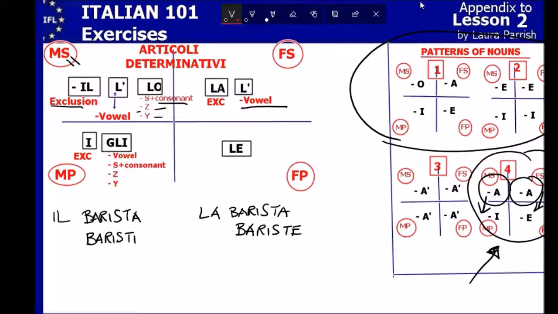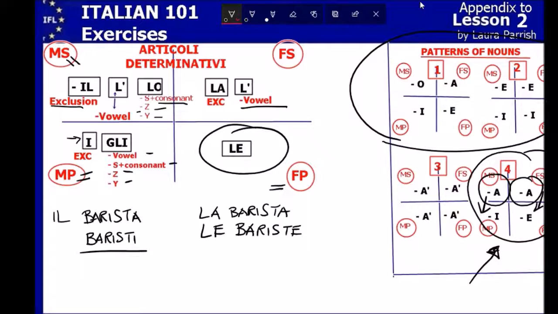If you have many female bartenders, you know that is feminine plural. If you have only one, it will be la barista; with many, le bariste. Instead, if it's bartender guys, you know it is masculine plural. And you know it is this one because it's no vowel, no S plus consonant, no Z, no Y, so it will be i baristi.